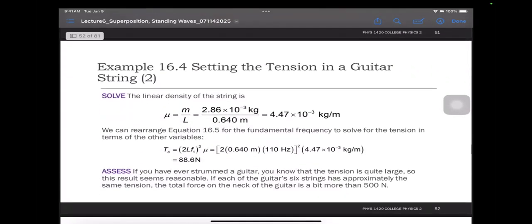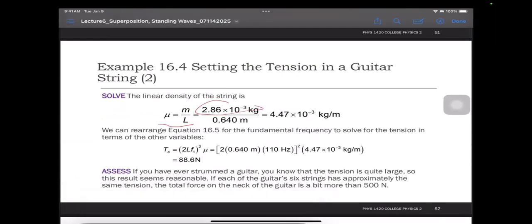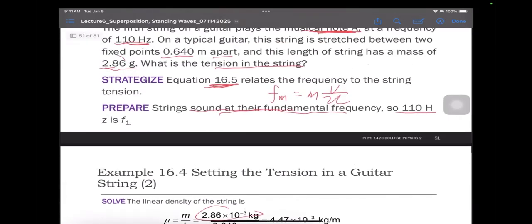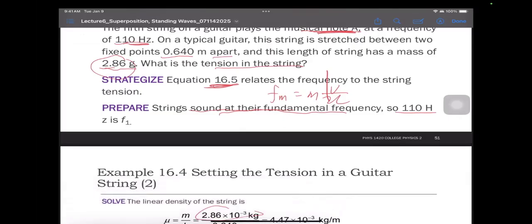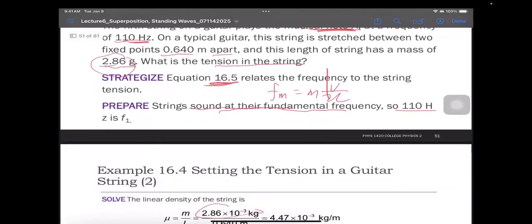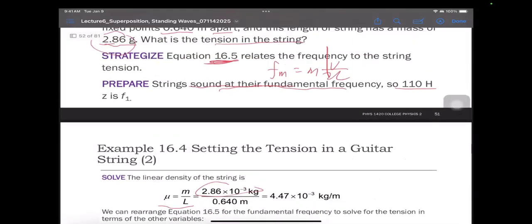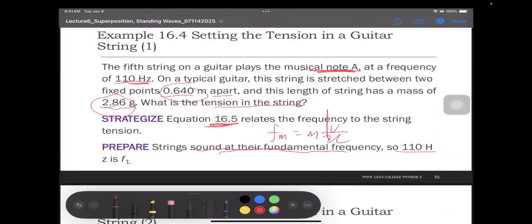Then let's try to solve for the linear density of the string, which is equal to m divided by L. M, we know that here, and L, we also know, because the string is stretched between two fixed points.